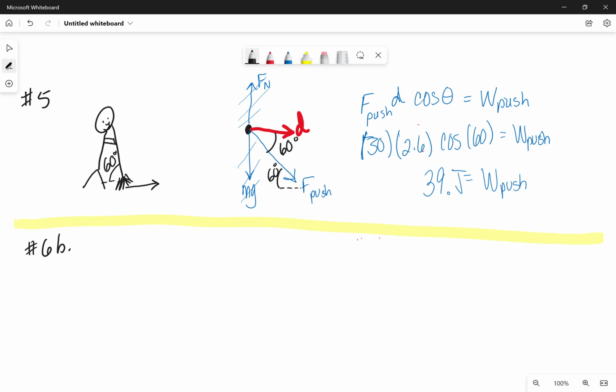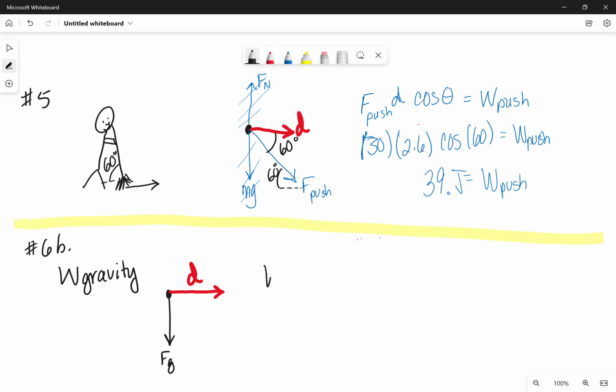All right. So 6B, it wants to know the work done by gravity as the car experiences a force and moves. So if all we care about is the force of gravity, then all we need to do is draw in the force of gravity. And I am then going to draw in the displacement.